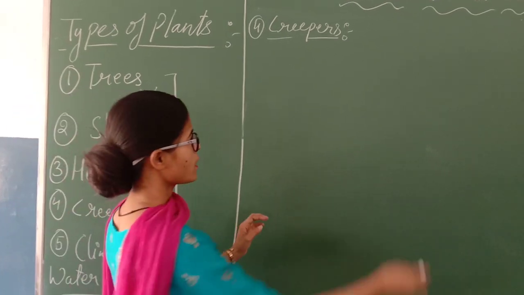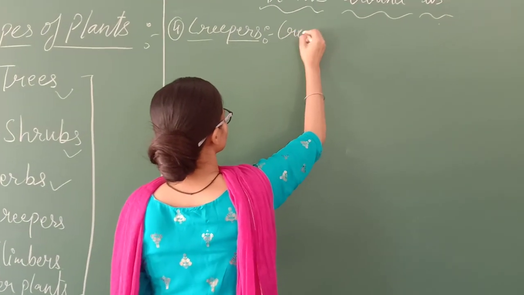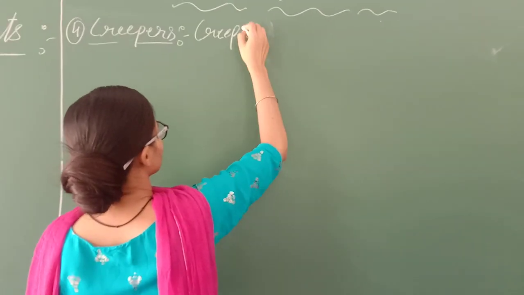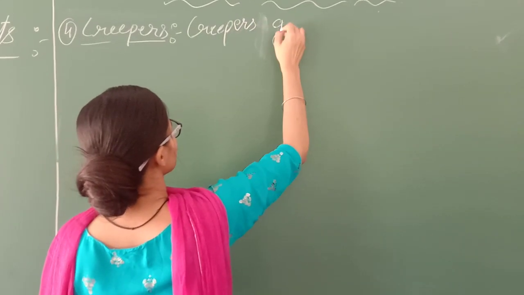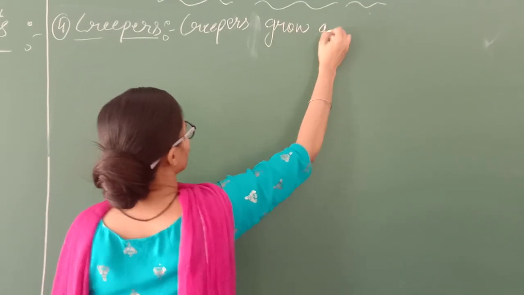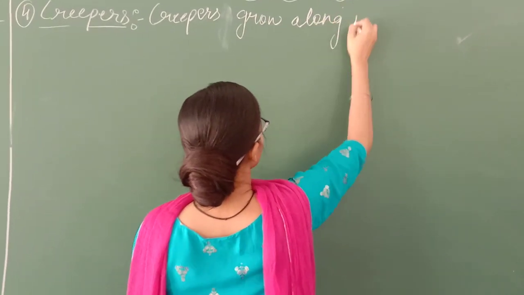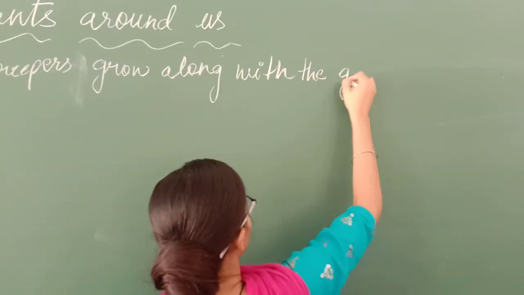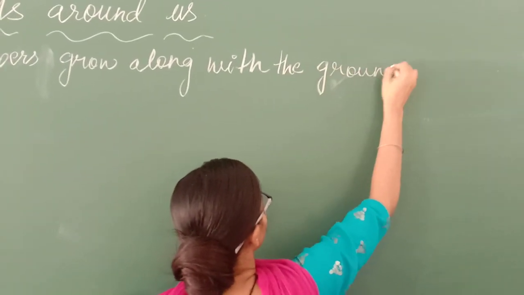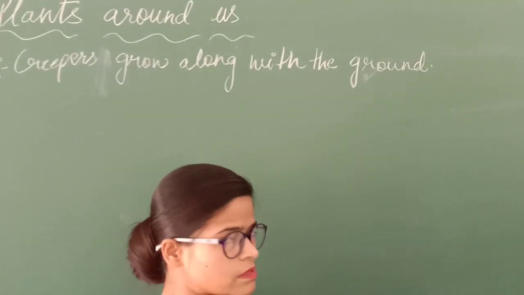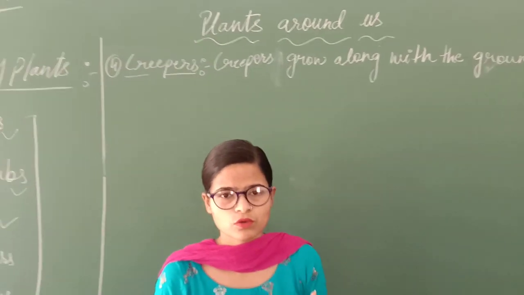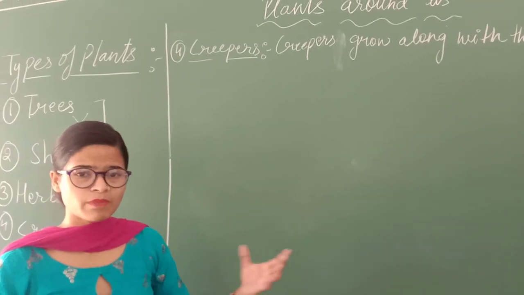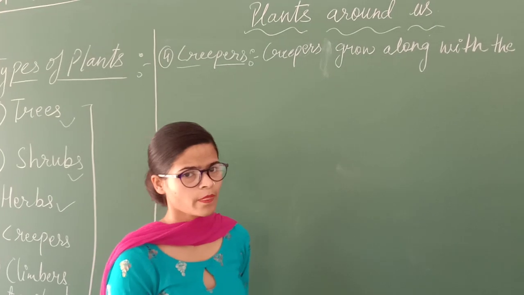So these plants, creepers, creepers grow along with the ground. ग्राउंड के साथ क्या होते हैं, ग्रो करते हैं, ओके. Now you must have seen many plants which grow along with the ground.